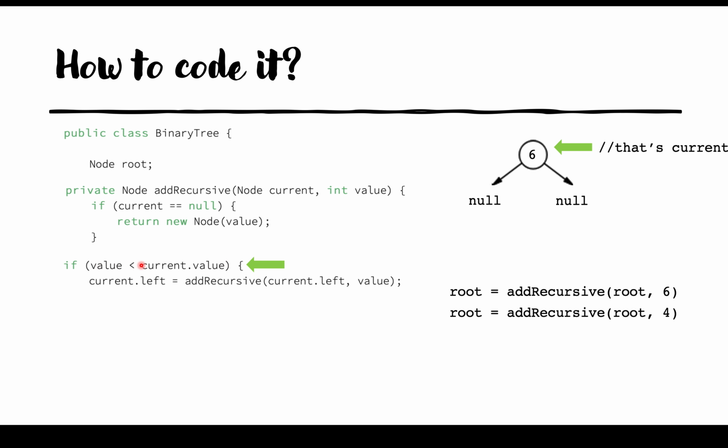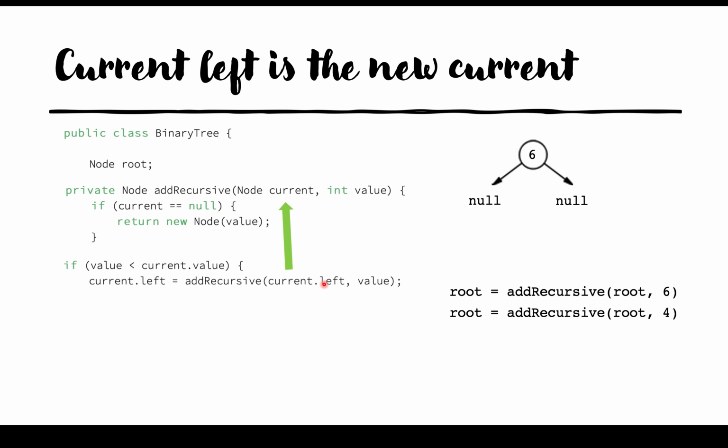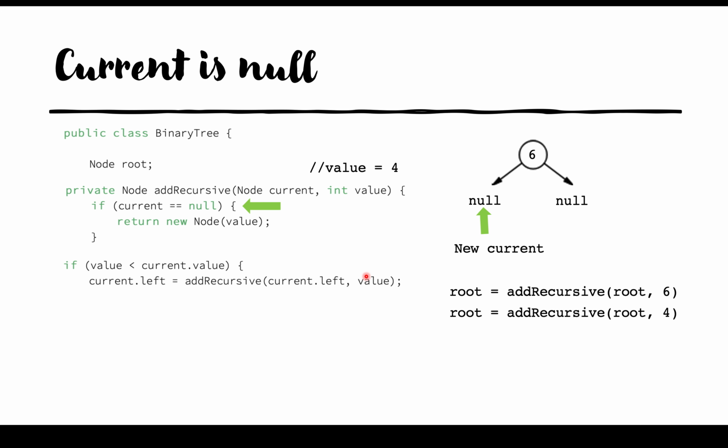Is value less than current dot value? Well, that's current. That's current dot value 6. Value is 4. It is less than that. That's true. So now we talk about current dot left. Current dot left, that's that. And we call our function again, except this time we send current dot left into current. So now we have a new stack. Our new current is the left side, and our value is still 4.